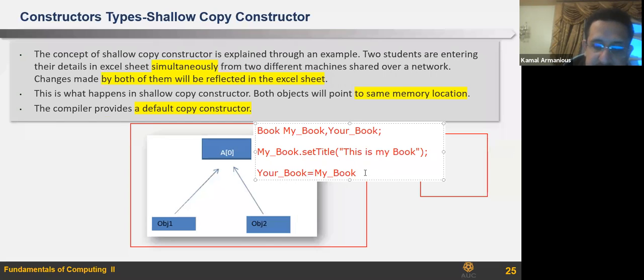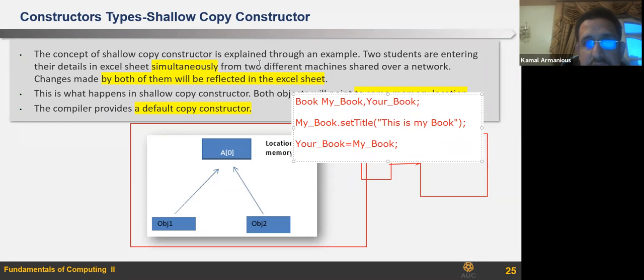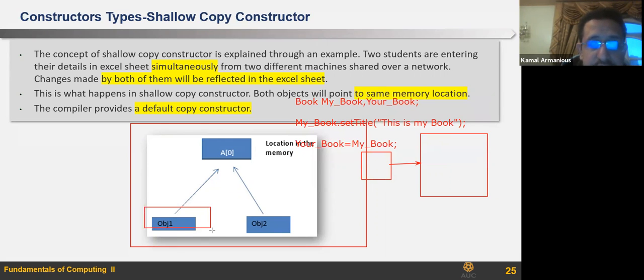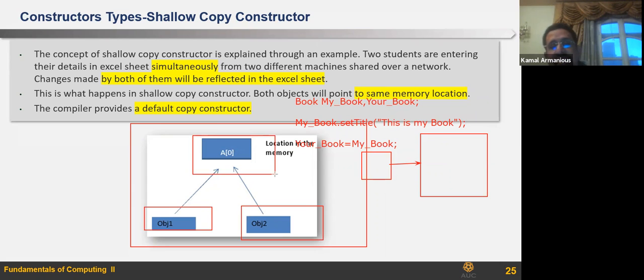Everything in C++ is with a semicolon. So this is a shallow copy constructor. It means I have object 1 and object 2, both sharing the same memory location.